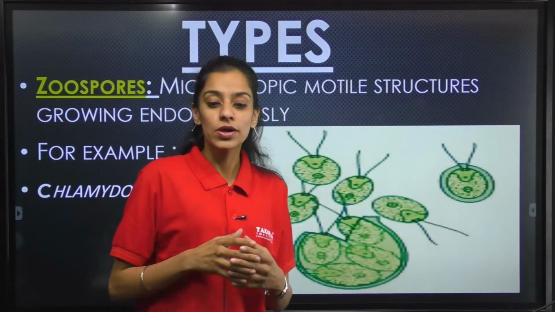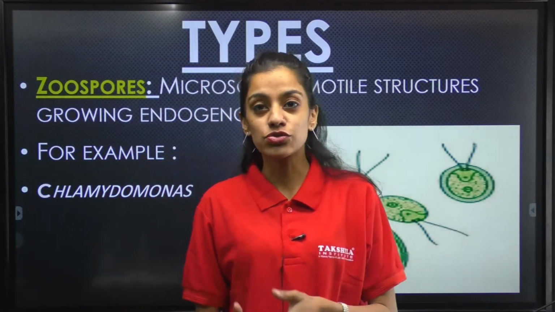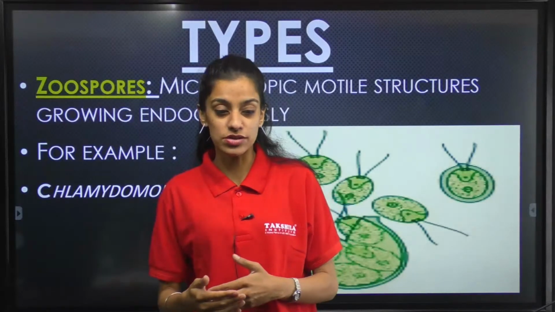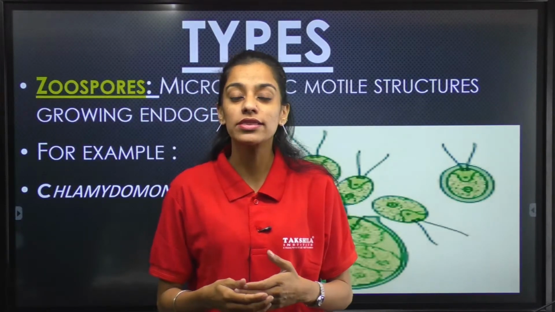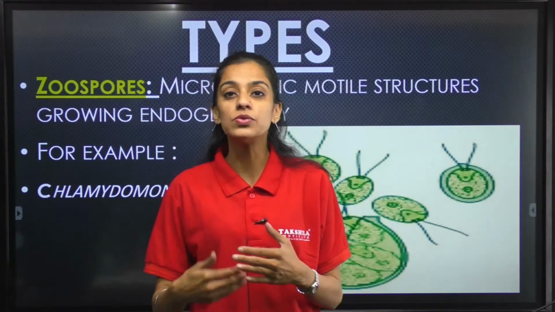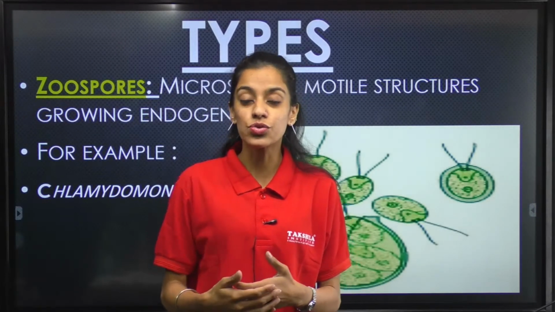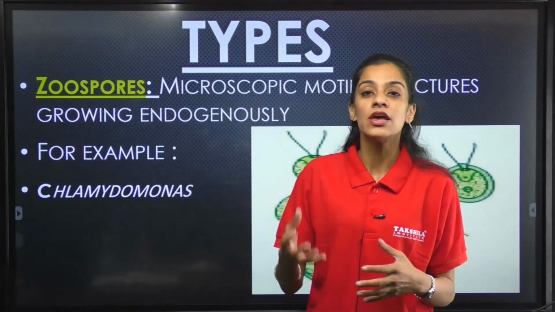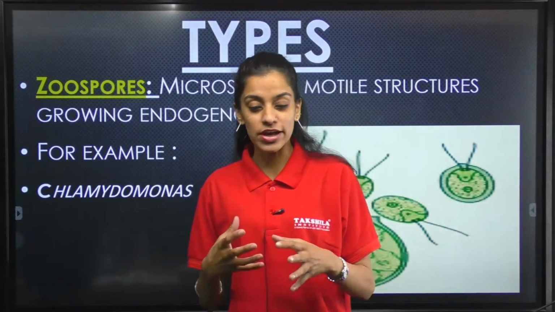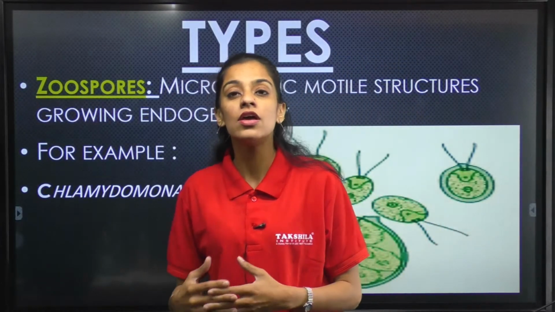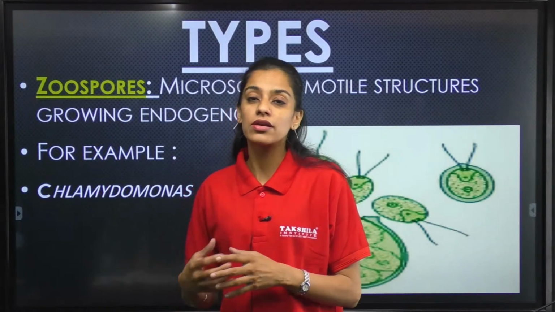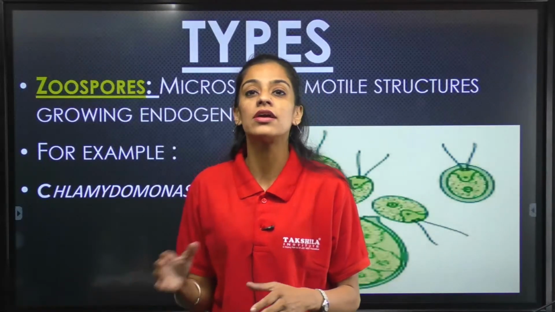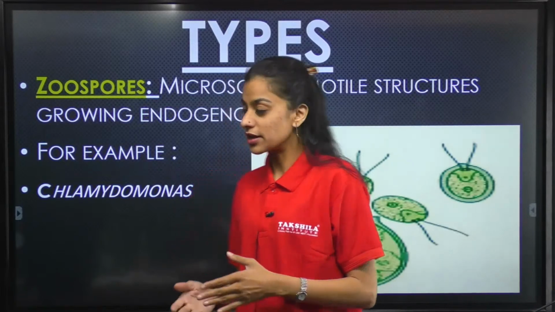Now the question arises: what is exogenous and what is endogenous? Exogenous is that which is produced outside the body, that is exo, and endogenous means which are present inside. Endo is something internal or present inner, whereas exogenous is something towards the outside.